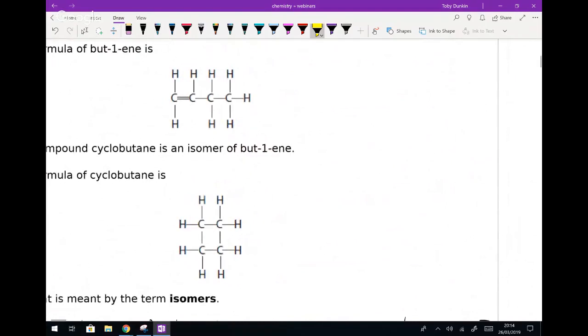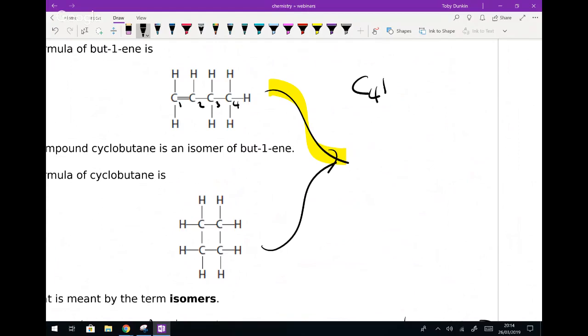Next, and by the way, nice to see this one. Why are these two isomers? They're isomers because the top one is, let's count them: 1, 2, 3, 4. So that's C4H, 1, 2, 3, 4, 5, 6, 7, 8. That's C4H8. Let's count the next one.